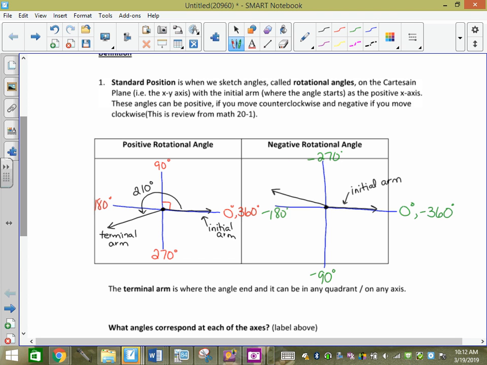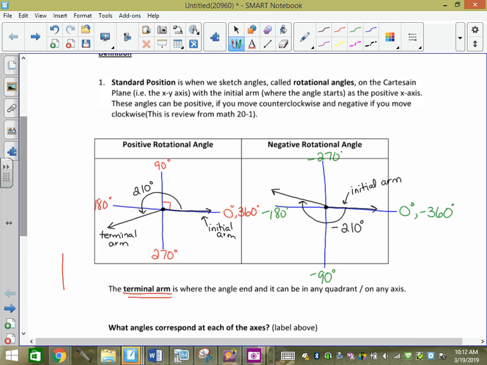It needs to be 30 more. So then I rotate like this. It's negative 210. So the terminal arm is where the angle ends and in what quadrant.